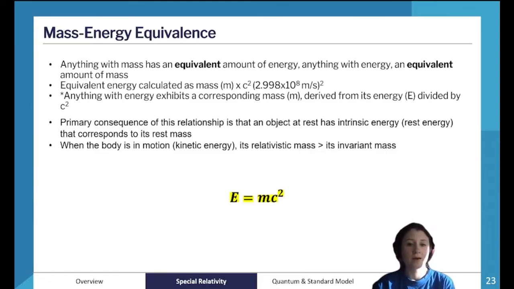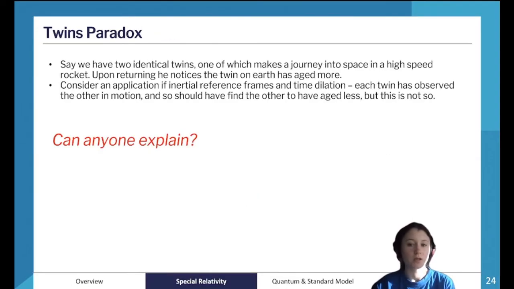Alright, now let's get into the twins paradox. So the three paradoxes are things that you need to make sure that you understand, because something on the syllabus says that you need to be able to explain each of these three paradoxes. Now, for a little bit of background, Einstein came up with these three paradoxes when he was conceptualizing special relativity.